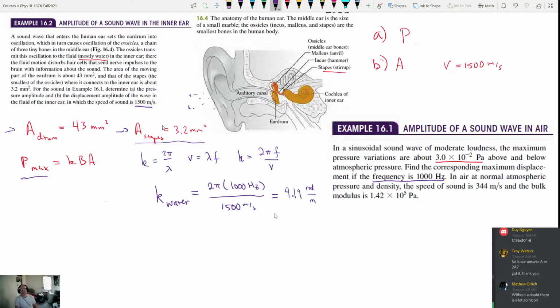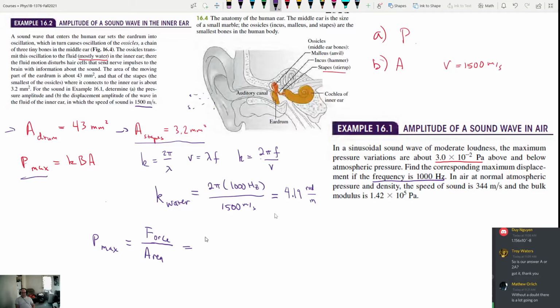So their claim is that P max should be related to some force over area. I'll use area to be clear that this A is different than this. And that the force can be gotten, so force is pressure times area, right?